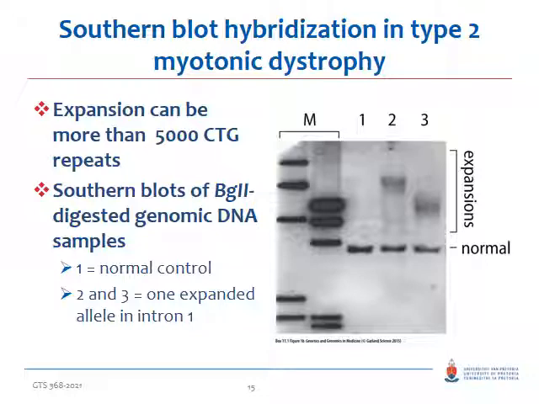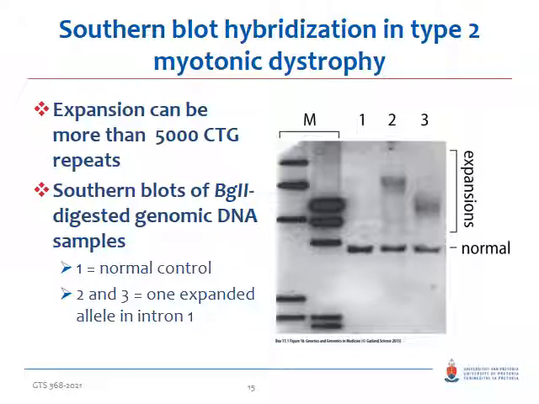In this Southern blot of a BglII digested genomic DNA sample, fragments were separated according to size on the agarose gel.